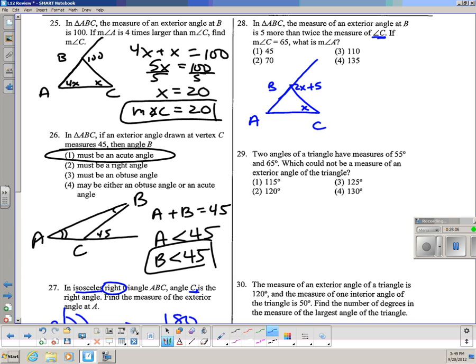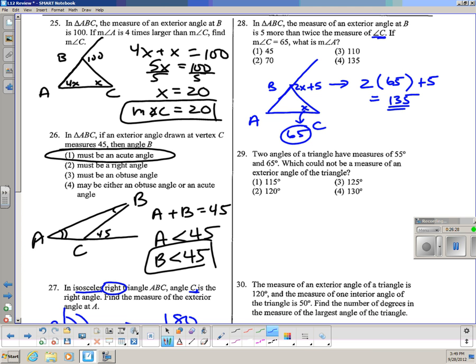And then they told us the measure of angle C is 65. Well, that's kind of unusual. They kind of gave away the measure of angle C. So all we have to do is plug in to know that x is 65. So 2 times 65 plus 5 will actually get us 135 for the exterior angle at B.